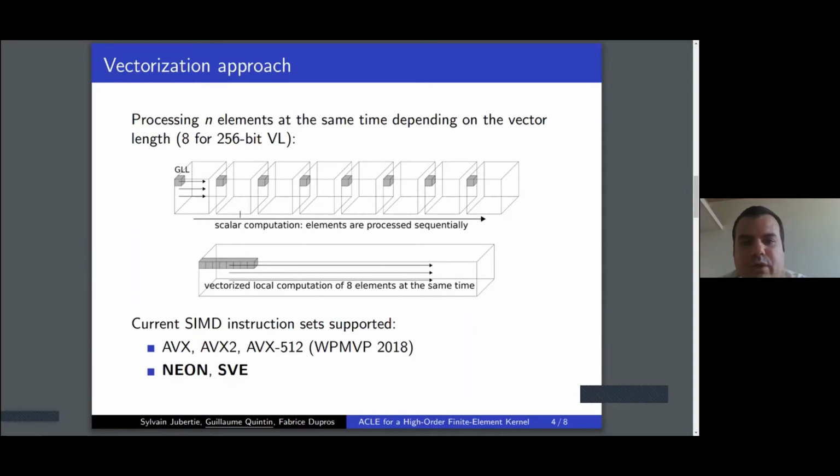This slide is about a 256-bit SIMD vector. This work was in fact done on Intel with AVX, AVX2, and AVX-512, and it was published at WPMVP. The current work that I'm presenting today is about the same work, but on Neon and SVE.